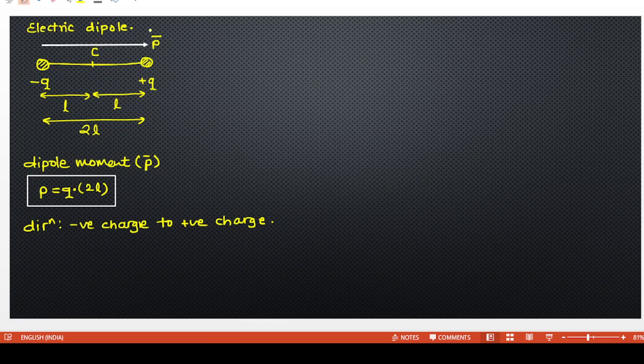This is the vector electric dipole moment. What is the magnitude of the electric dipole moment? One of the charges into separation between them, and direction is from negative charge to positive charge. What is the unit of electric dipole moment? Write down.